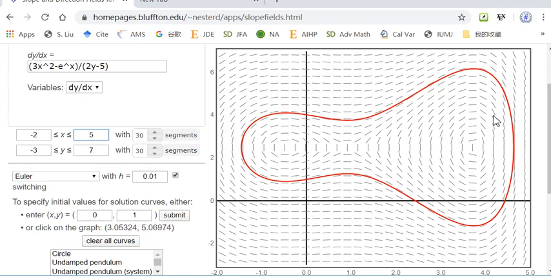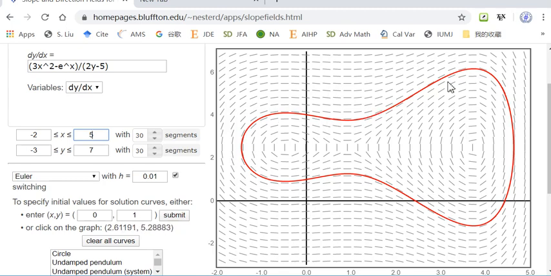In fact, this curve consists of two graphs of solutions. The lower half of this curve is the graph of the solution of our initial value problem.